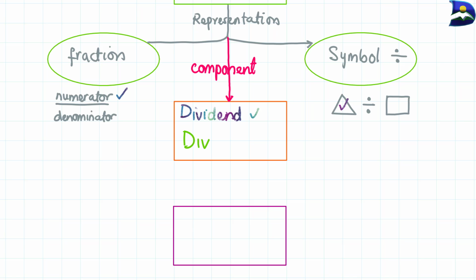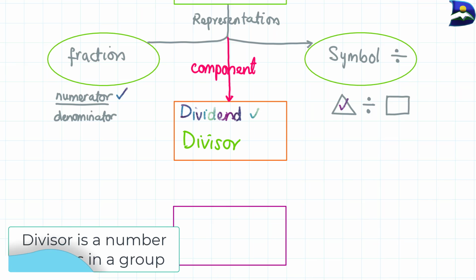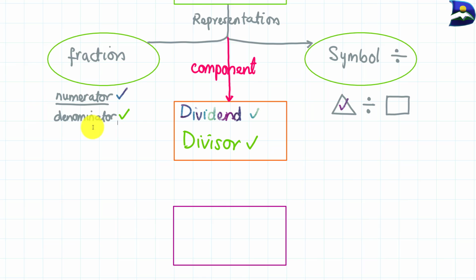The divisor. And the divisor is expressed as either the denominator for your fraction or the symbol after it, which is the number represented as the divisor.